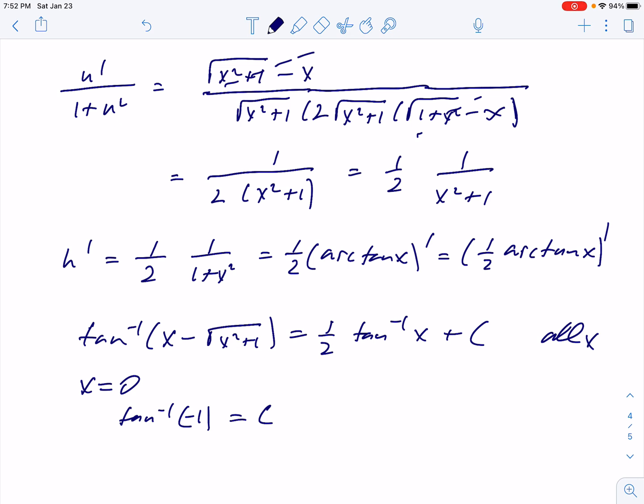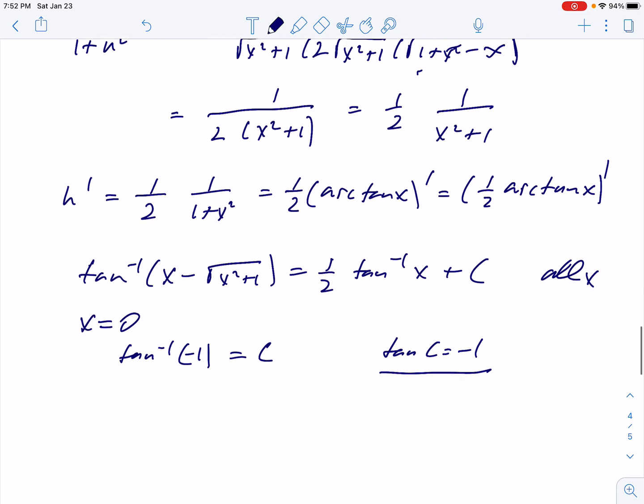If we call this c, we can write that tangent c equals -1, and the inverse tangent takes values between -π/2 and π/2. For what angle is this happening? When the tangent will be -1? Well, c will be -π/4. So that's how we compute c, and here is our new identity.